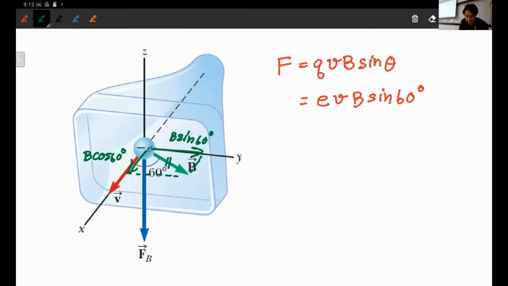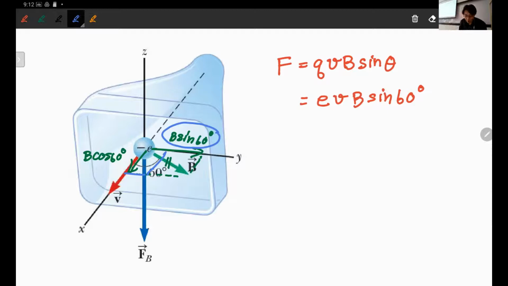Because this dude right here is perpendicular to the velocity vector. With me? The right-hand rule requires that I need the vectors to be perpendicular to each other. So that's why I only take the component of the B that is perpendicular to the V into your calculation.